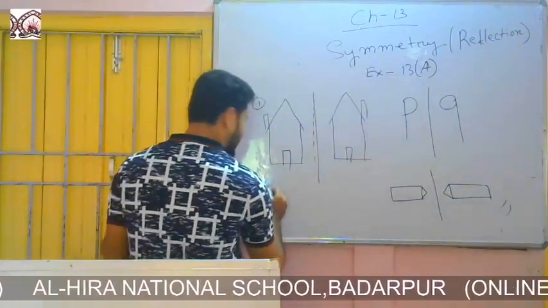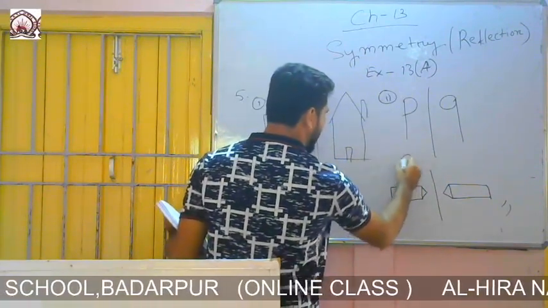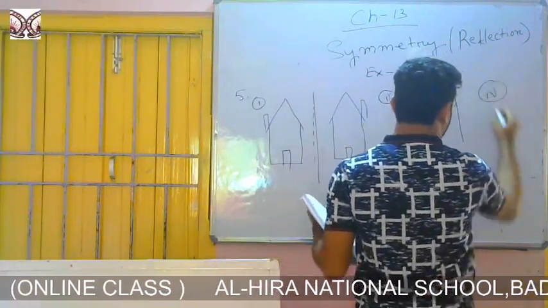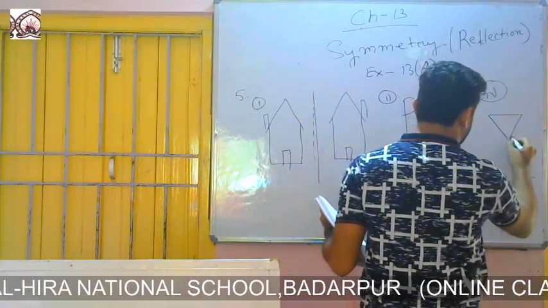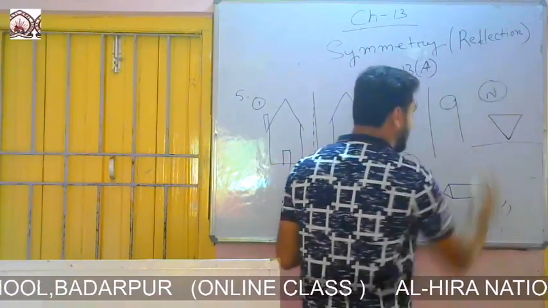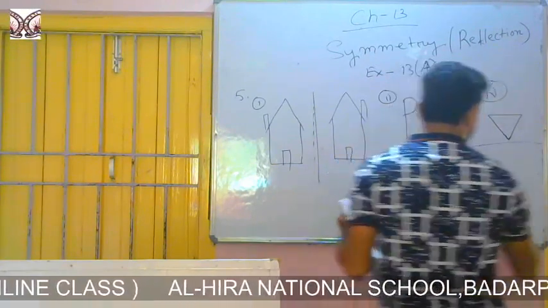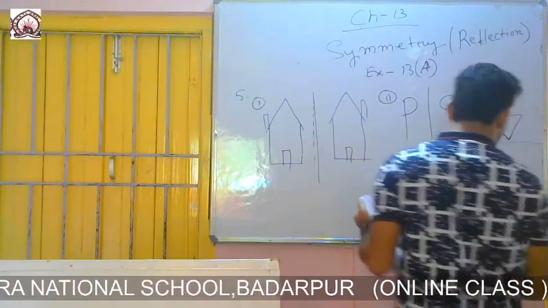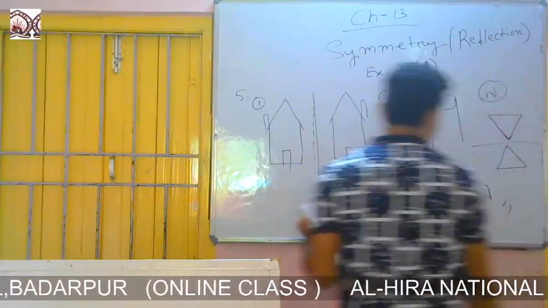Now for the triangle, it is 2, it is 3. Now 4 is a triangle. Then if I put a mirror here, I'll just see like this.